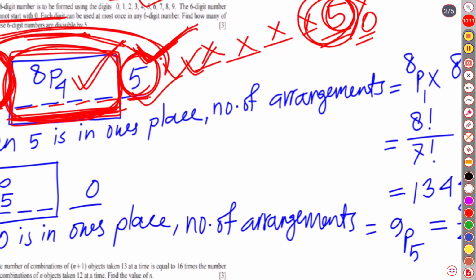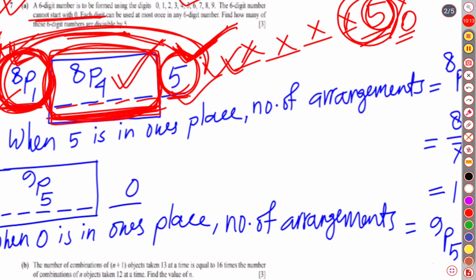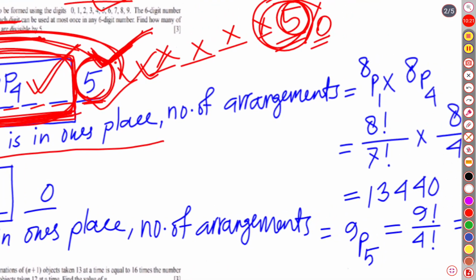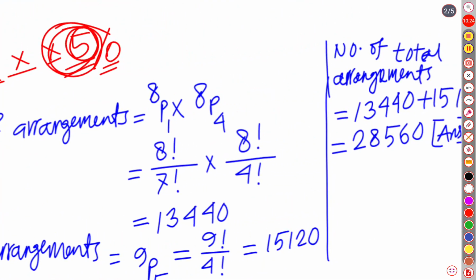I can show you. Here it's written: when 5 is in one's place, number of arrangements. I have already shown that for the first place we are choosing 1 out of 8, multiplied by the next 4 positions, where we have chosen 4 from 8.